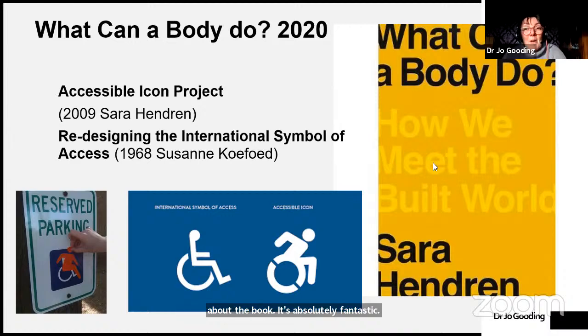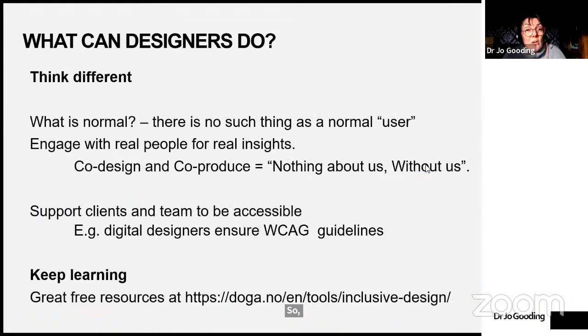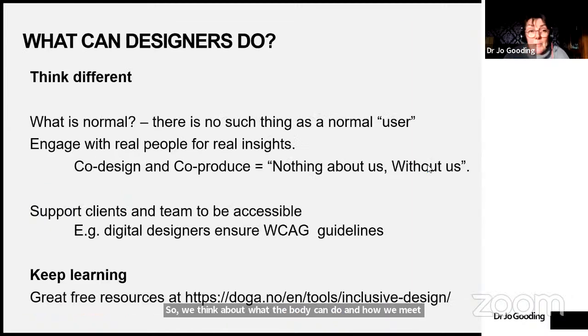So we think about what the body can do and how we meet objects in the world. What can designers do about this? I think it goes back to that initial thing: think differently. What is normal? There is no such thing as a normal user. If you think about human experience design, UX design, you are often asked to think of a persona and what a user is.